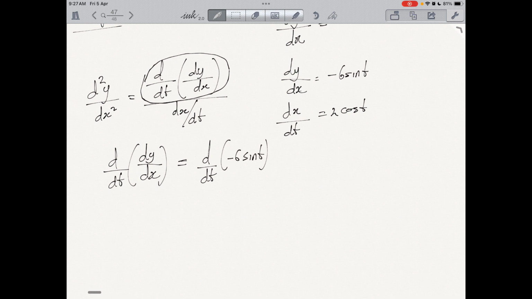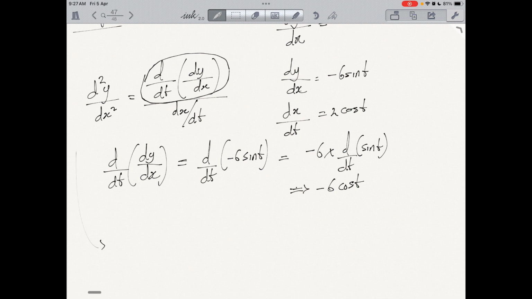That means we are asked to differentiate with respect to t of minus 6 sin t, and this will give us minus 6 multiplied by d/dt of sin t. Now differentiating sin t, we will have cos t. So this will give us minus 6 cos t.